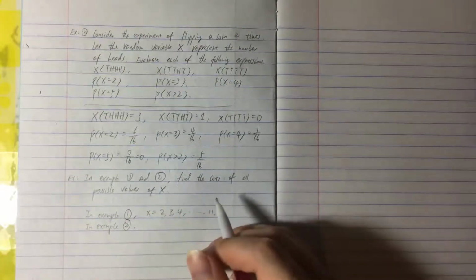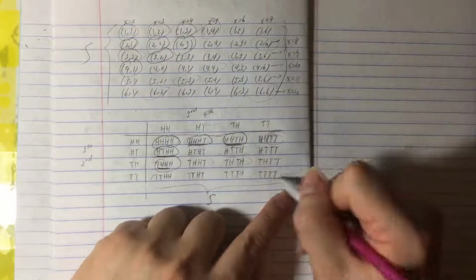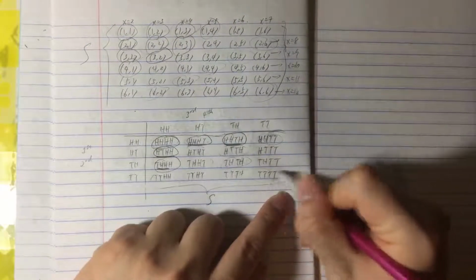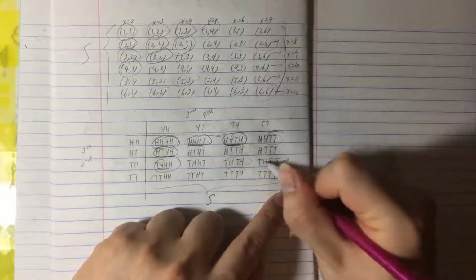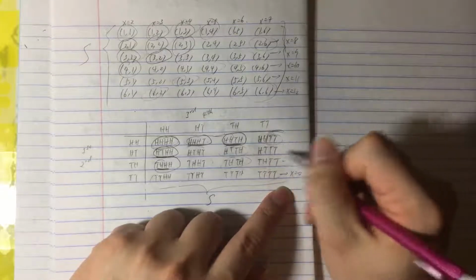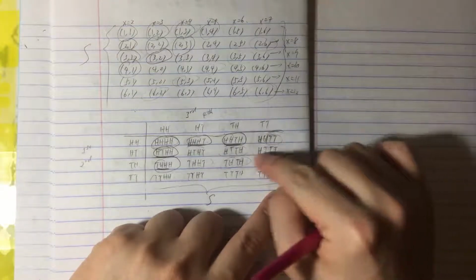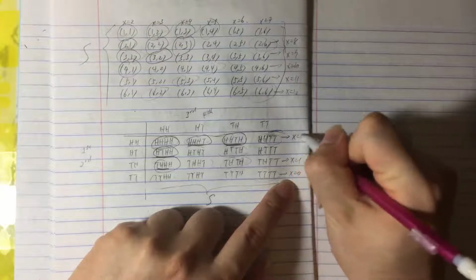In example 2, what's the set of all possible values? X represents the number of heads. For this outcome, X is 0. There are 0 heads here. For this outcome, X is 1. There's only one head here. For this outcome, X is 2.